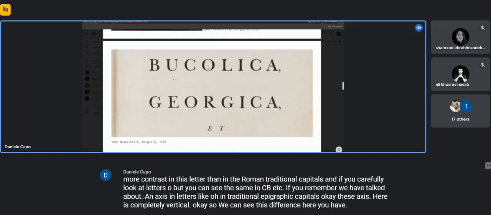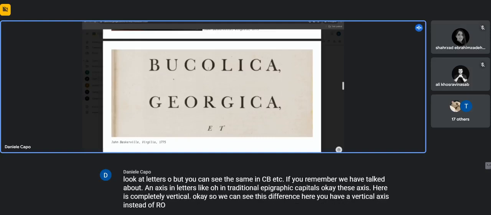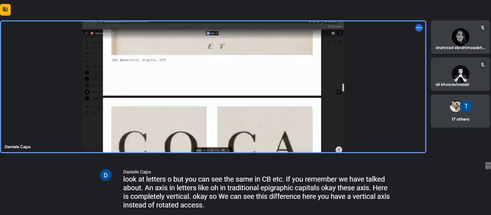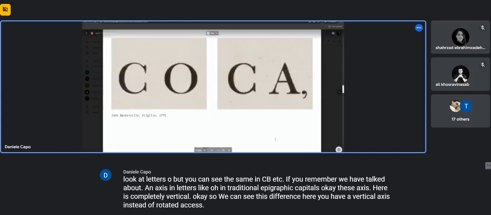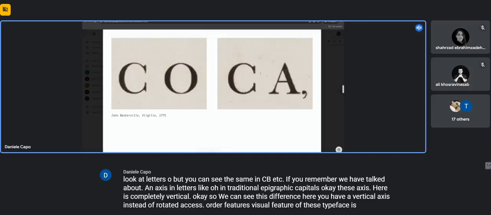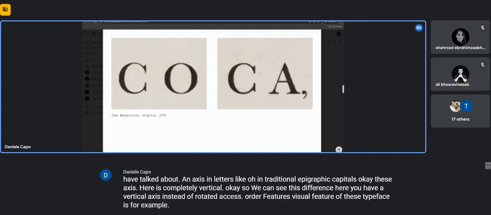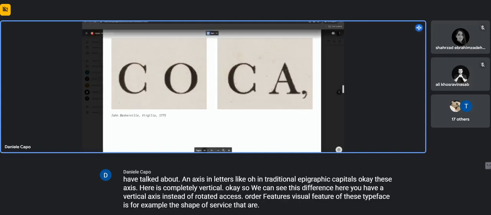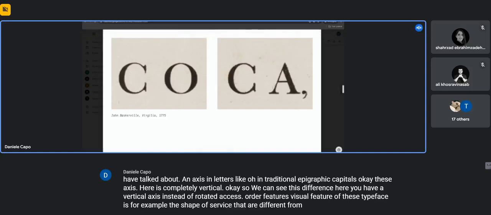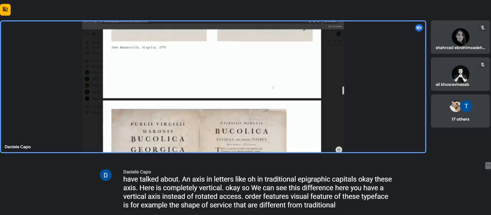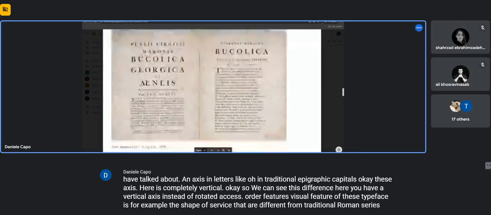Here you have a vertical axis instead of a rotated axis. Another visual feature of this typeface is, for example, the shape of serifs that are different from traditional Roman serifs.